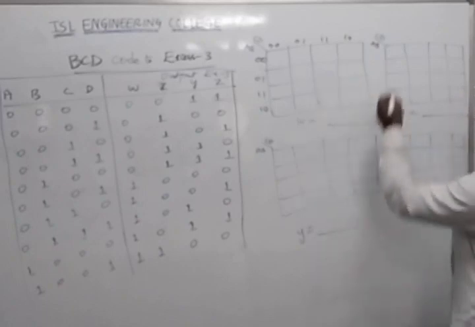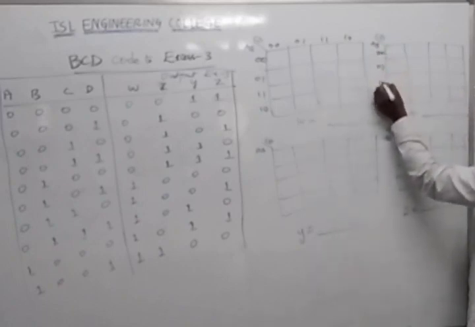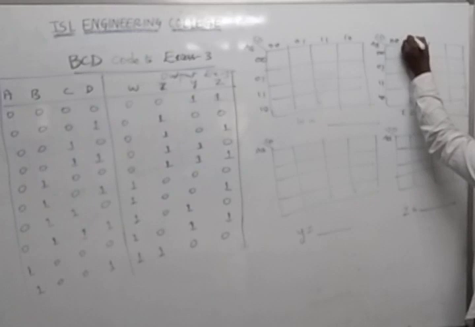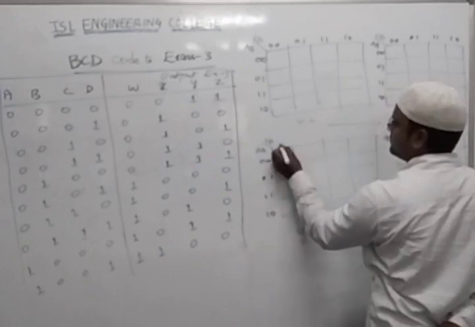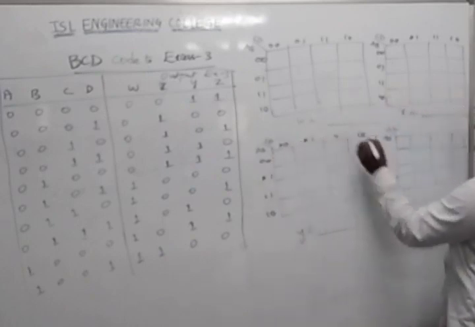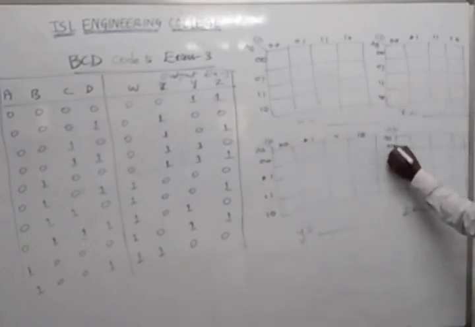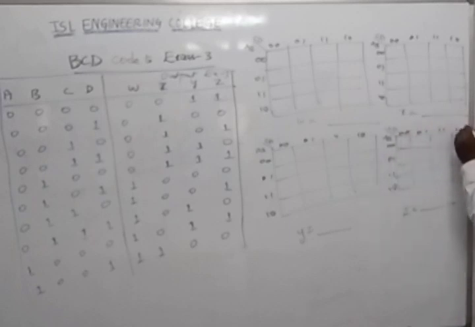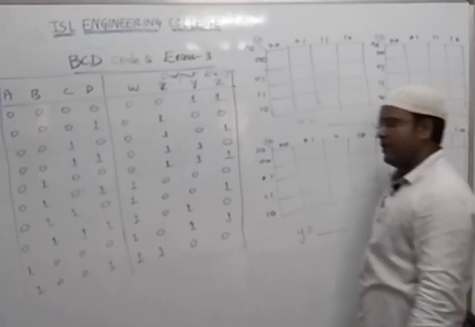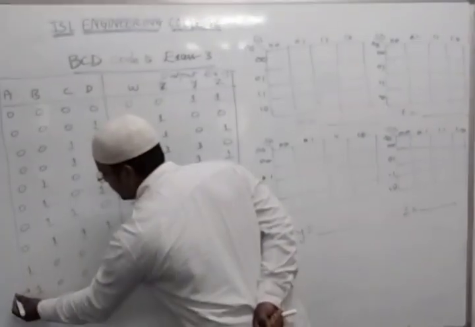So this end also I can go with the same sequence: 00, 01, 11, 10. For both ends, 00 01 11 10. For this end also we will mention it in the same way. But as you can see in the truth table, we have a maximum of 9 only, right?